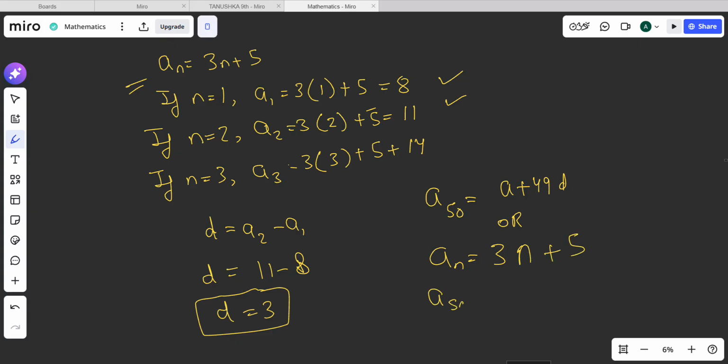So A50 equals 3 into 50 plus 5. Both will give you the same answers. You can solve it and check it on your own. So today I'll be telling you something similar related to sum of n terms of an AP. So let's move to that only.